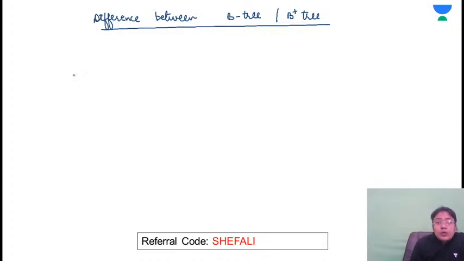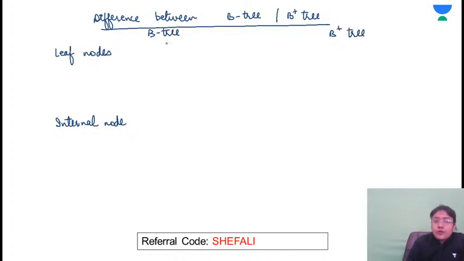In case of B tree node, obviously in any tree we will be having the leaf nodes or the internal nodes. Similarly, in case of B plus tree also. Here I will be writing the points about the B tree and B plus tree. First of all, let's understand the difference, and then the question is basically asked on the structure or some numerical type. They may give you the size of the key and the pointers, and they'll ask what is the minimum number of pointers or what will be the order of the tree.